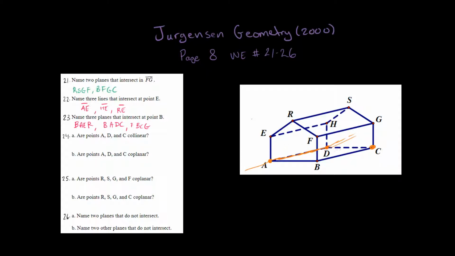And I'm going to draw a line from D to C, and continue that out. You see how they're not the same line? Well, that tells us that these points are not collinear, so the answer is no.